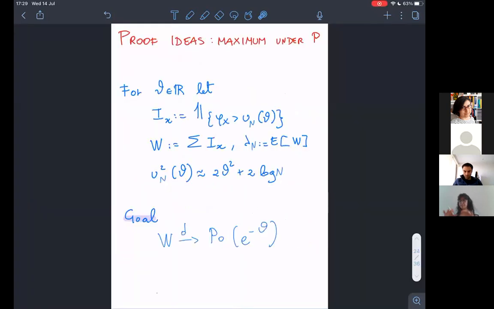And for the maximum part, the idea that we are using is that we are again in a supercritical regime with fast decaying correlations. So we want to study the exceedances of the interface over a certain threshold and apply a so-called Stein-Chen method.